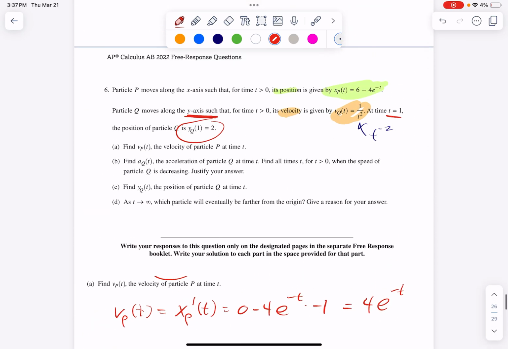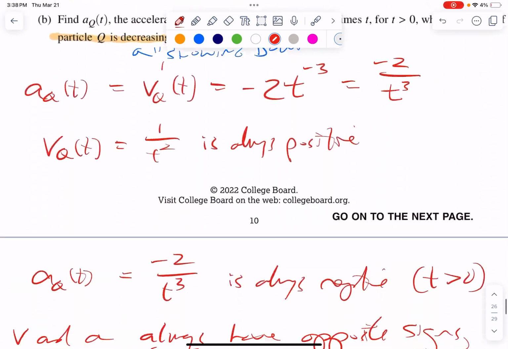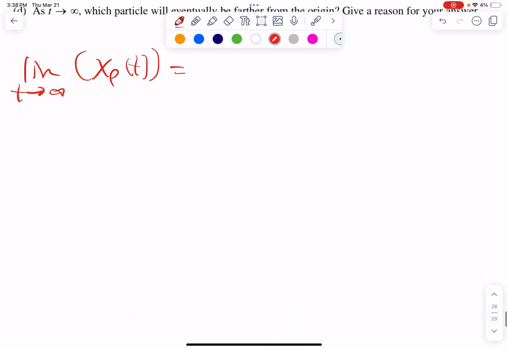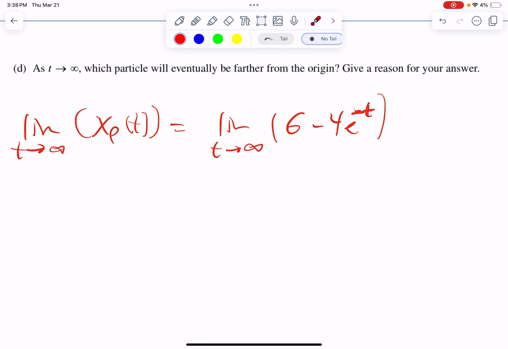It was 6 minus 4e to the negative t. So it's the limit of this function as t goes to infinity. A really big negative power makes something really small. So we have 6 minus something really small. This limit is 6.